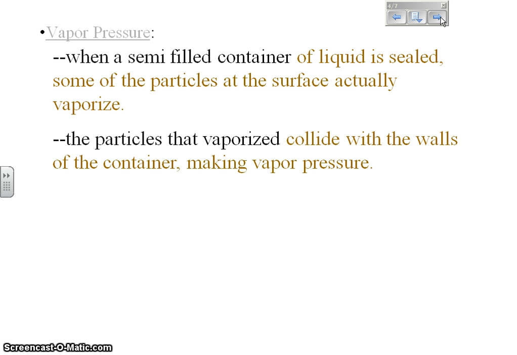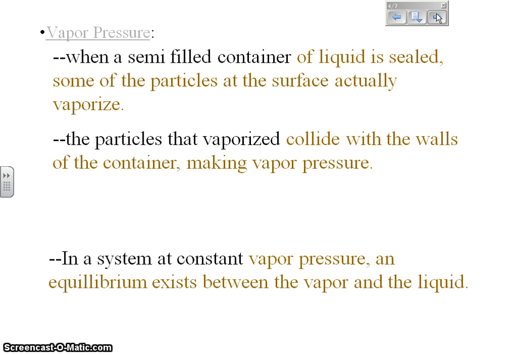So when you open a can of soda, for example, or open a can of pickles, and you hear that familiar noise when you open it, it is caused by vapor pressure. That is caused by the particles that have vaporized colliding with the walls of the container, making that pressure.